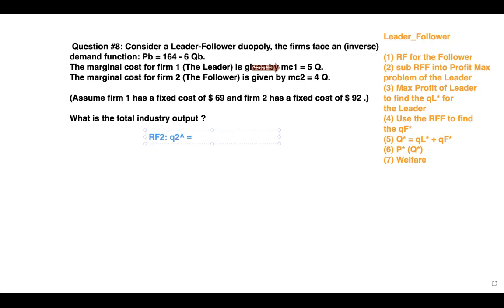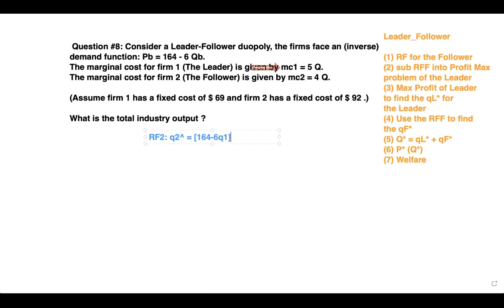Okay, I think maybe there's a little calculation error in there. So what did you get, Arslan? I think it was the same thing, 164 minus 6Q1, divided by 16.